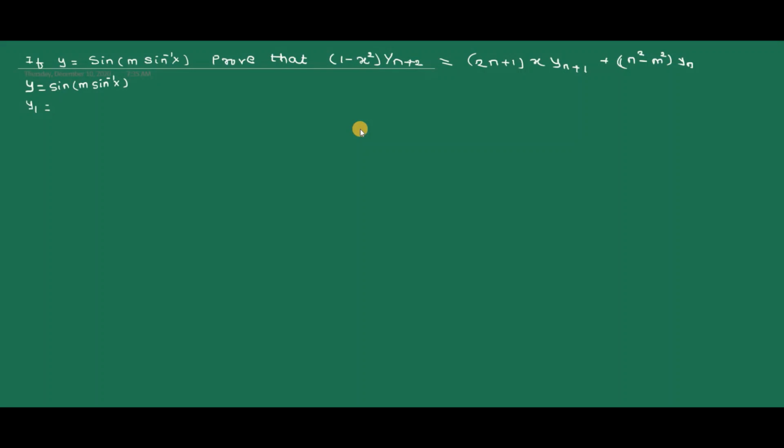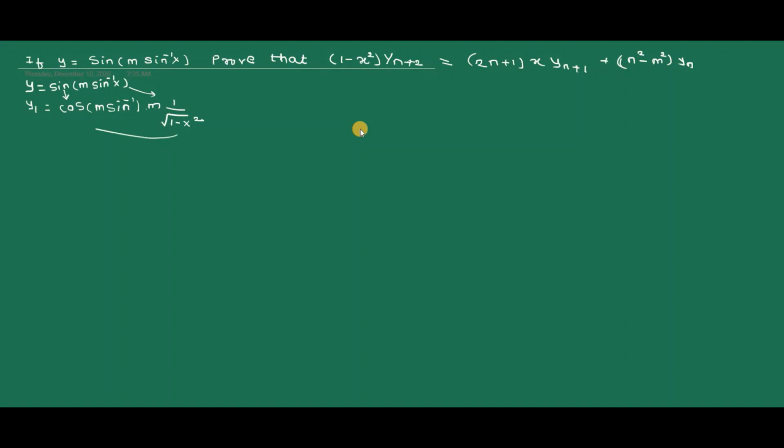Differentiation of y is y1. What is the differentiation of this sine term? Differentiation of sine is cos(m sin inverse x). Now what is the differentiation of m sin inverse x? m is constant. Differentiation of sin inverse x is 1 divided by root 1 minus x square.